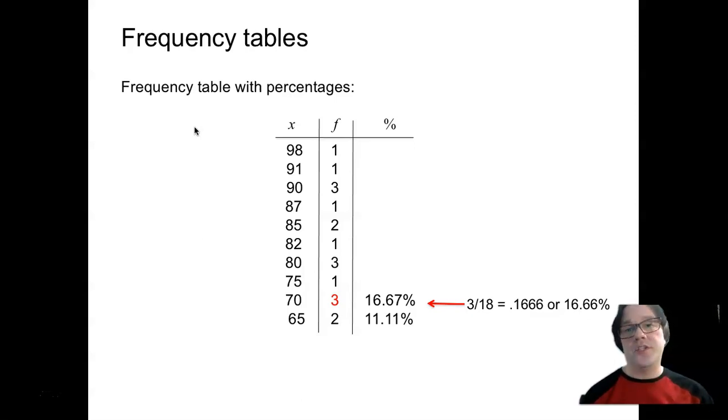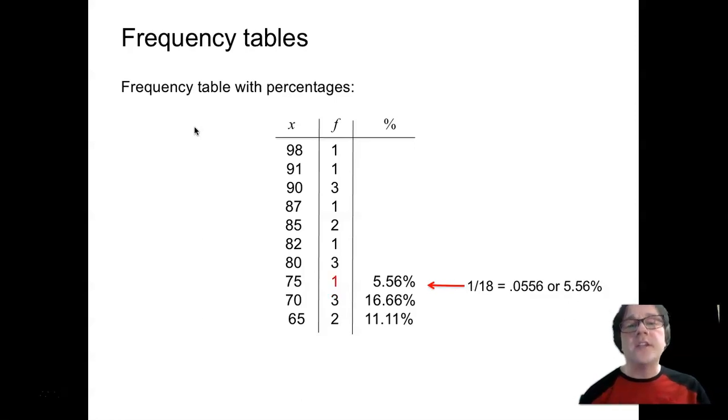And to turn that proportion into a percentage, we multiply it by 100. So 16.67, just rounding up, that 0.6666 keeps going on and on. We round up, and 16.67% of our scores are 70s.